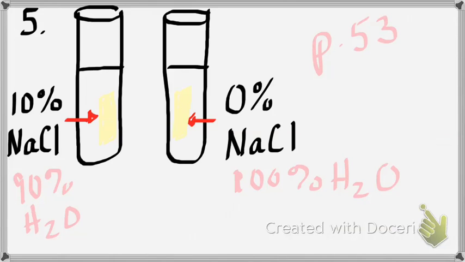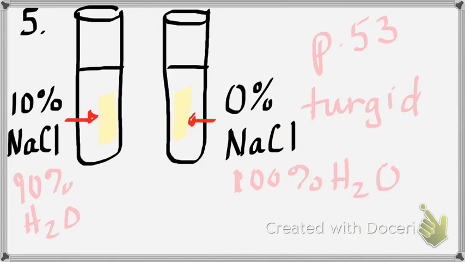So I want to talk about which one's which. Which one would be really good and hard when you pull it out? The 0%, right here. This one would be, here's the word, turgid. It's really good and firm and hard. And what kind of environment did you put that potato in, iso, hypo, or hyper, to make it become so good and hard?